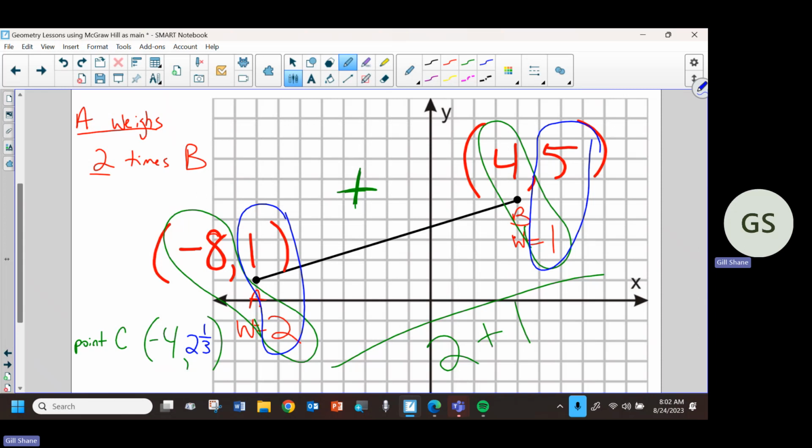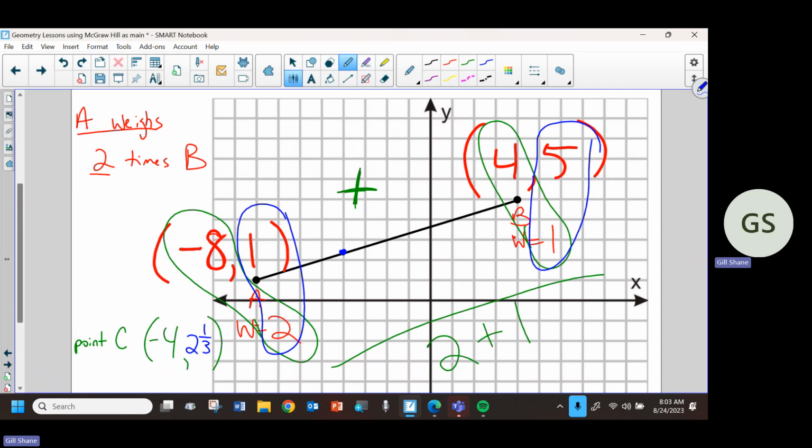So negative 4, 1, 2, 3, 4, 1, 2, and yeah, I'd say that's right about 1/3. So I'm feeling pretty comfortable that I did that process. If it does not fall on the line, then you need to go back and check your math or your setup. So this one's a pretty easy one to check what you did. That's how you do it on a coordinate plane.